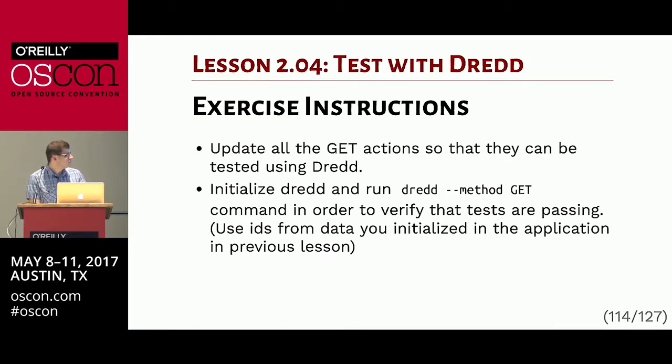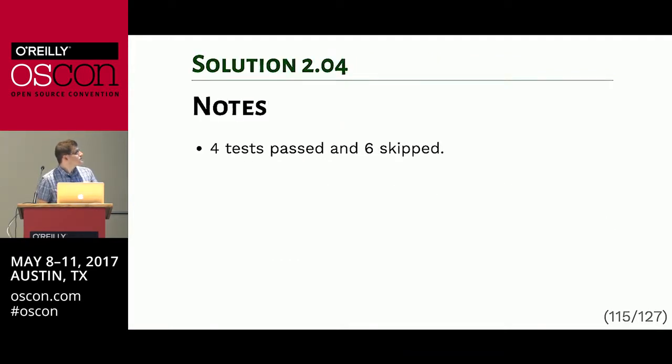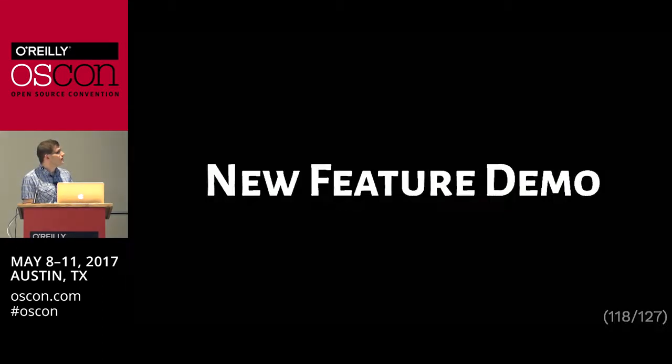And then you would run it exactly as it points here with dread method get, and it would test all of your get methods. So take a couple of minutes for that. OK, I think we're getting pretty close to the end, so we're going to skip the next 2 lessons. Here you would have seen that you had about 4 tests that passed, and you would have skipped a test because we're only testing the get method.